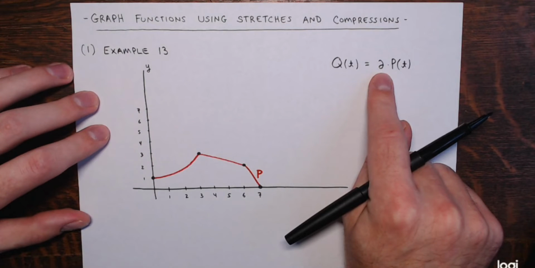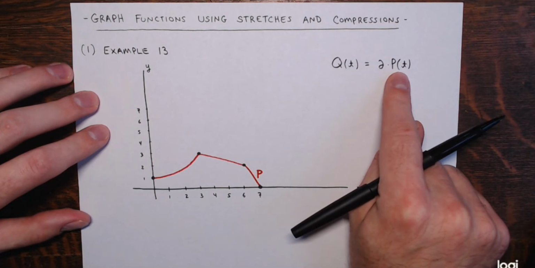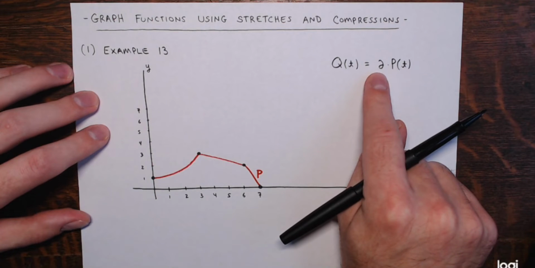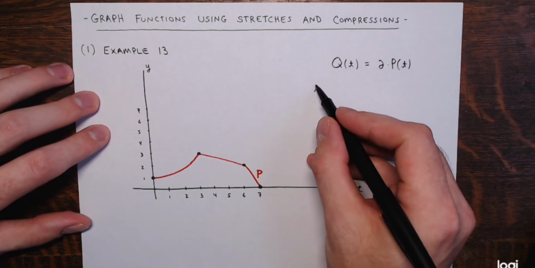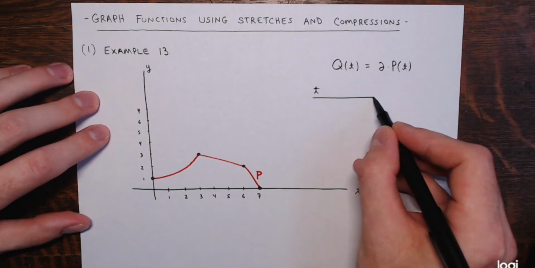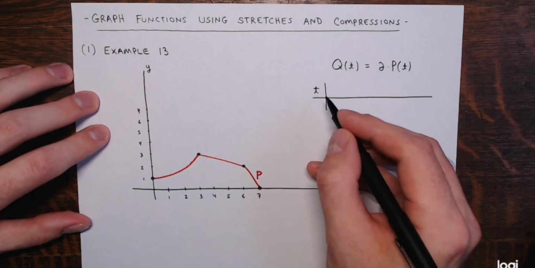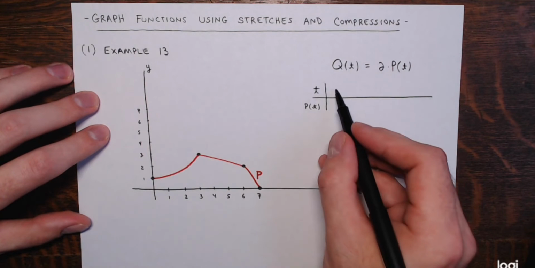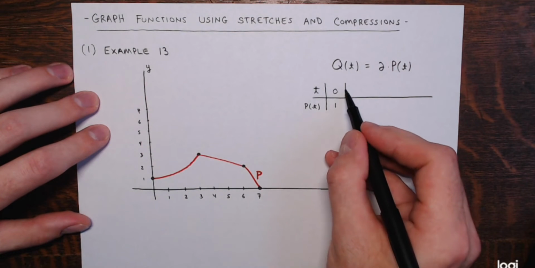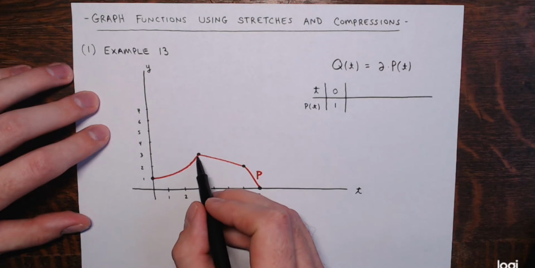If I take a function and multiply the entire thing on the outside by a number like 2, well, I'm going to make a table as well. We have t's, and then we know values of P of t. We're given when t is 0, P of t is 1. Then a bunch of points here that I don't know exactly, and then I know 3, 3.